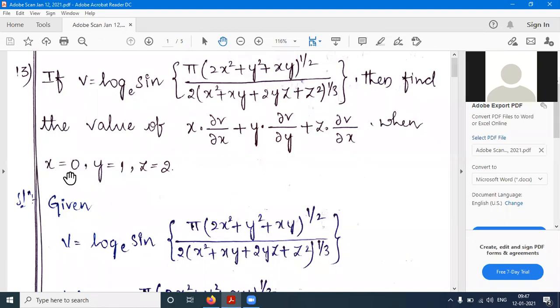So at x is equal to 0, y is equal to 1, z is equal to 2, we have to calculate the value of this.